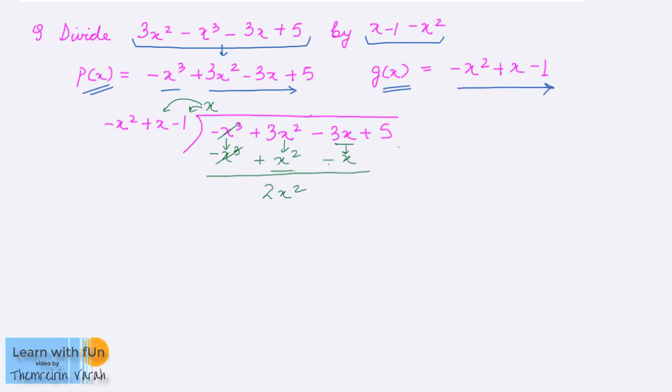Minus 3x, then minus x, minus 2x, plus 5. Then minus x square; multiply 2x square, it comes minus 2 into plus 2 into x square, 2x square.